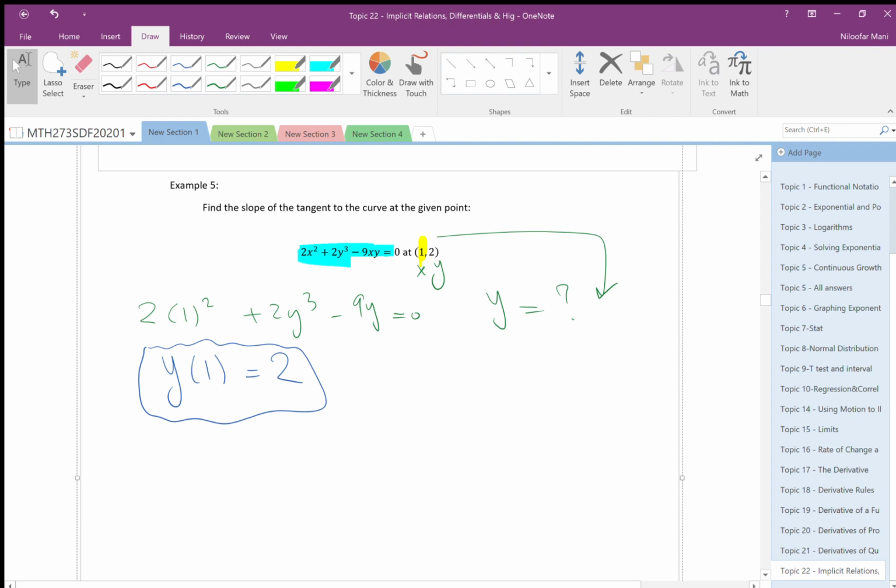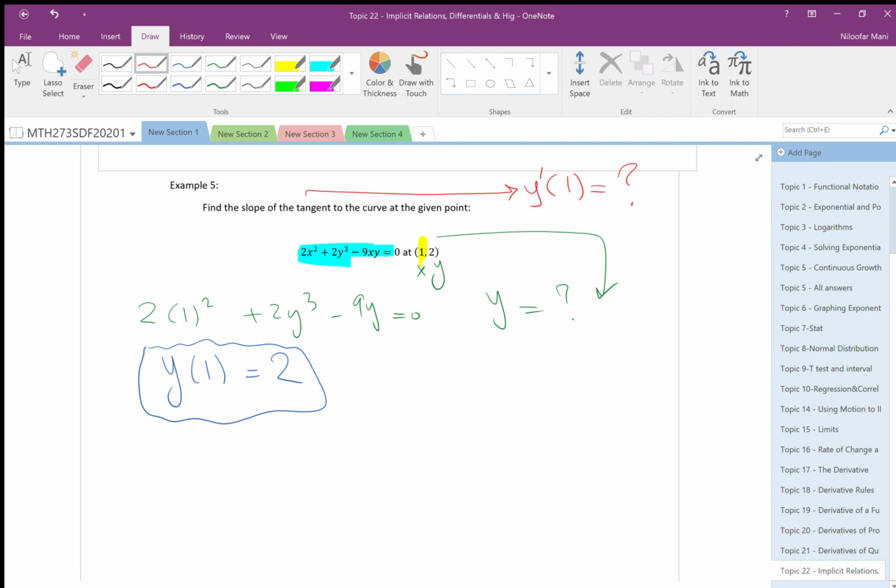First you have to really understand the question. What I want here is a slope of tangent line. So what I want here is y prime at 1. This is what I want, a slope of tangent line at that point. I have a point x is 1 and y is 2. Because I have this point, if x is 1, y is 2. So y of 1 is 2.